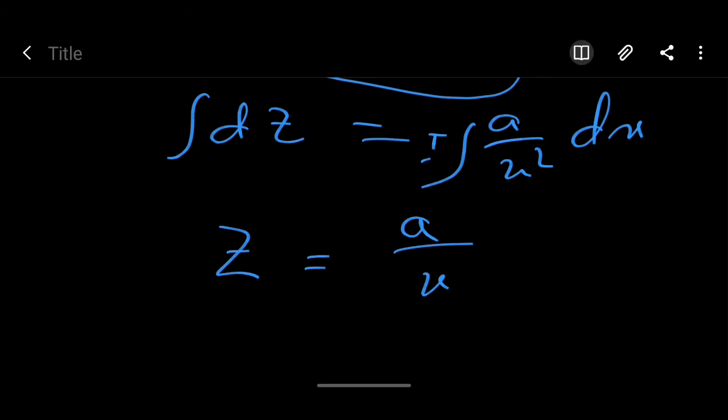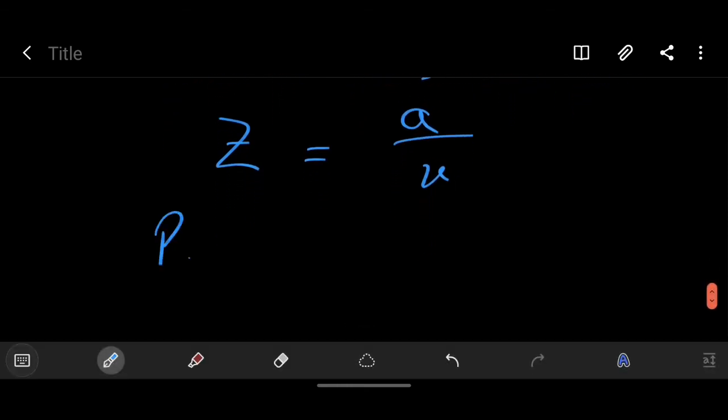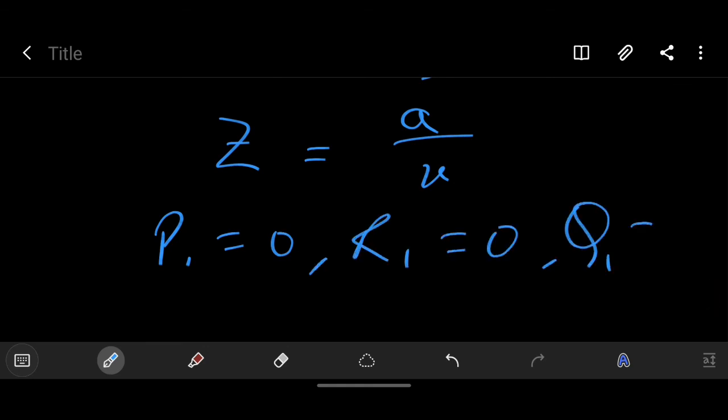But while choosing this, as taking q1 constant, we already reduced that p1 is 0. And when we find out, r1 also becomes 0. So p1 is 0, r1 is 0, and q1 becomes 1.